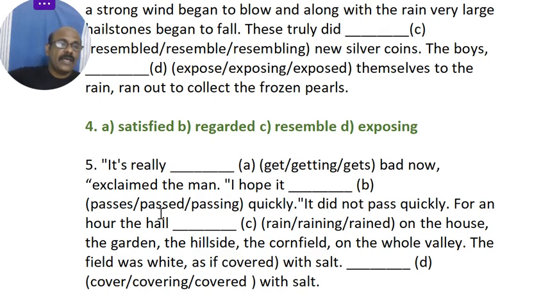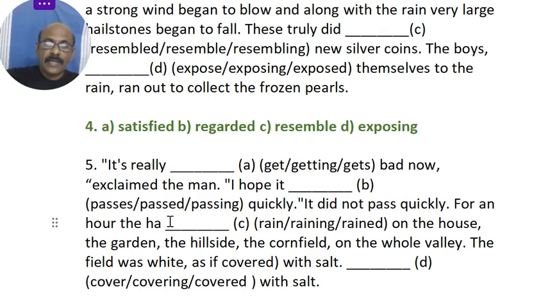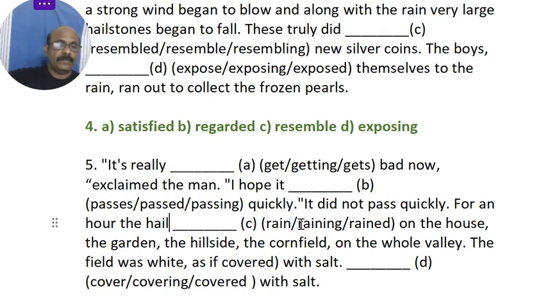Not the hall here, hail. Actually it is hail on the house, the garden, the hillside, the cornfield, and the whole valley. The field was white with salt.